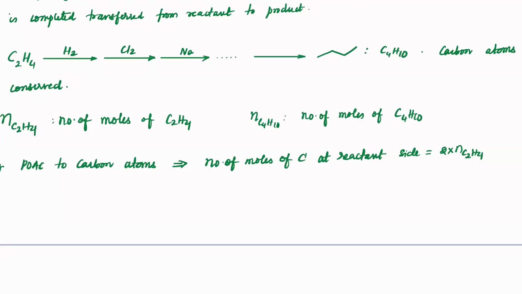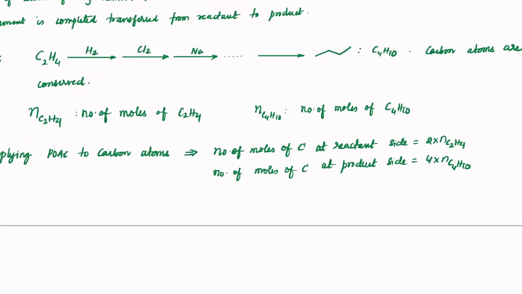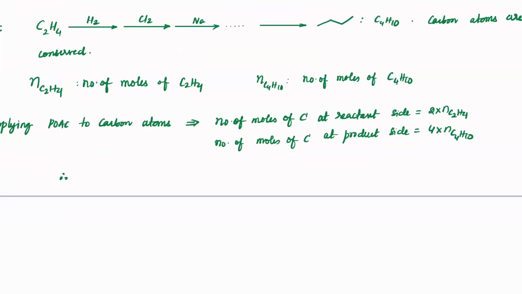Similarly, the number of moles of carbon at the product side will be equal to 4 times the number of moles of C4H10. Since the carbon atoms are conserved, I can equate them. So 2 times the number of moles of C2H4 will be equal to 4 times the number of moles of C4H10. This is what we call the principle of atom conservation.